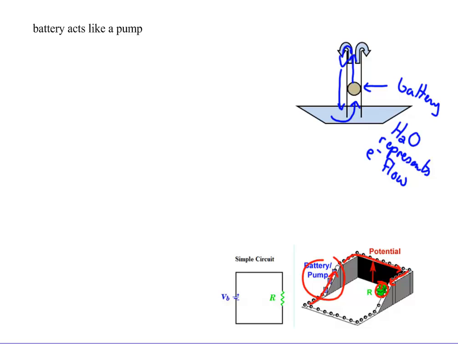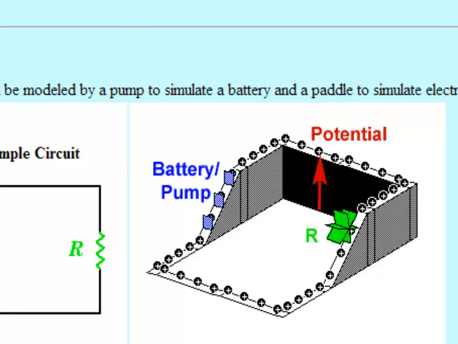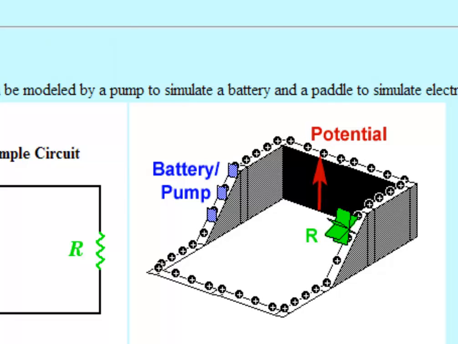So they're turning electrical potential energy into mechanical energy. They end up down here through another conductor where they have much less potential energy, come back to the pump, and they are re-energized.